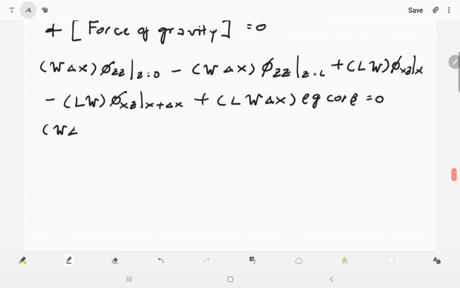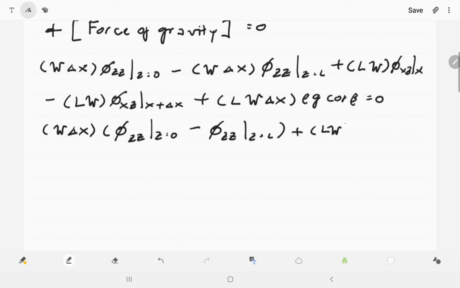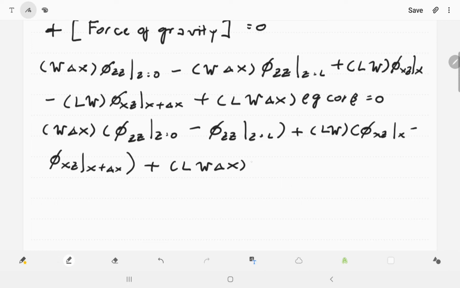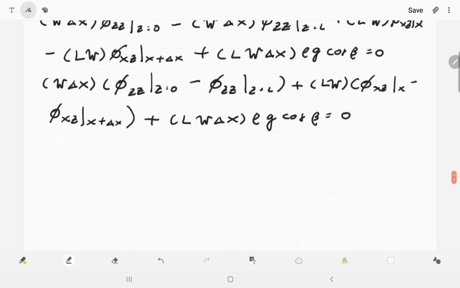So this one is W delta X, this one Y Z, Z equals 0 minus this Z, Z equal L plus L W phi XZ at X minus XZ at X plus delta X plus L W delta X rho G cos beta is equal 0.